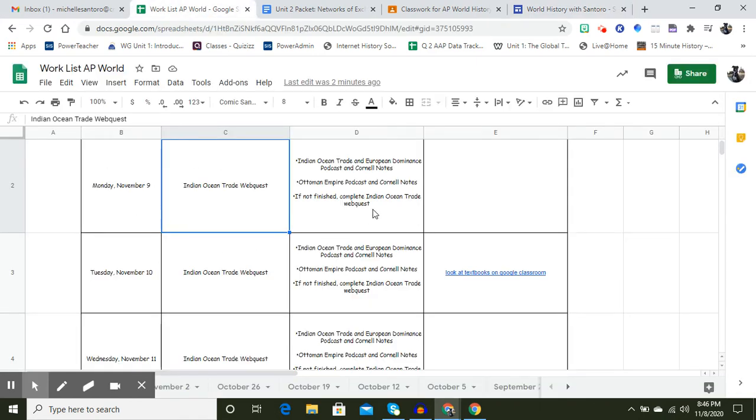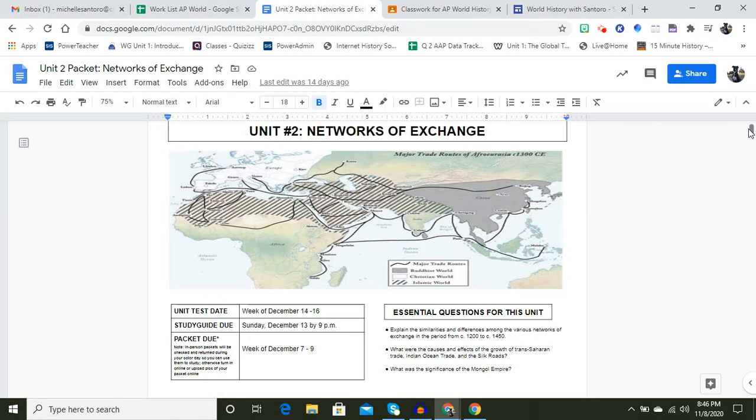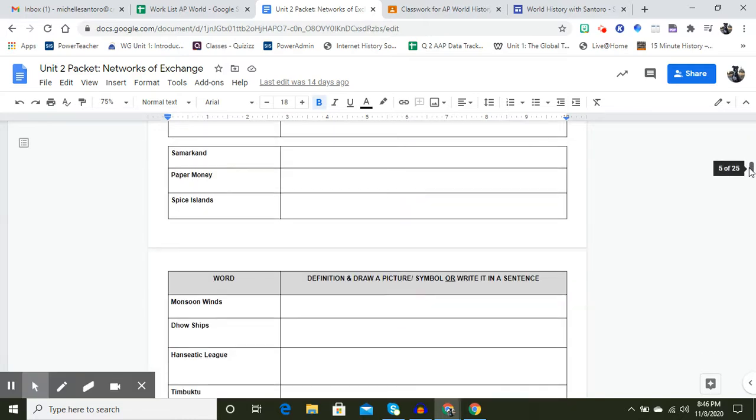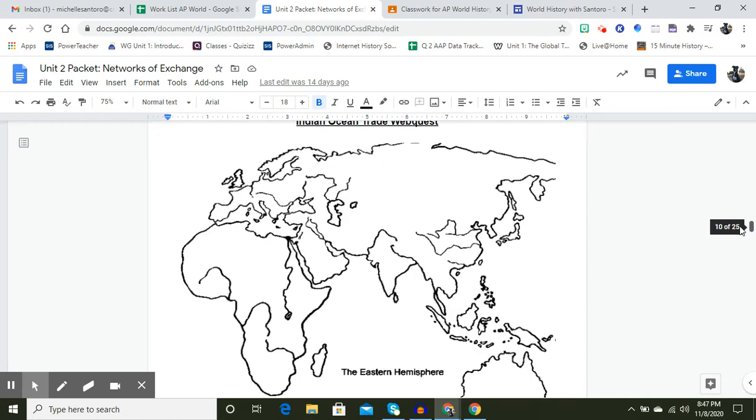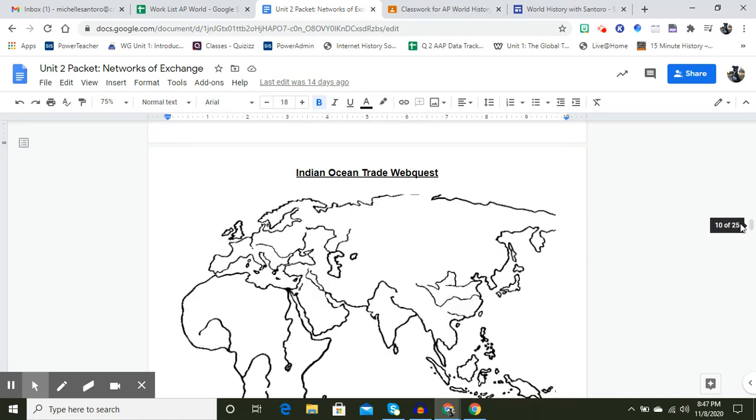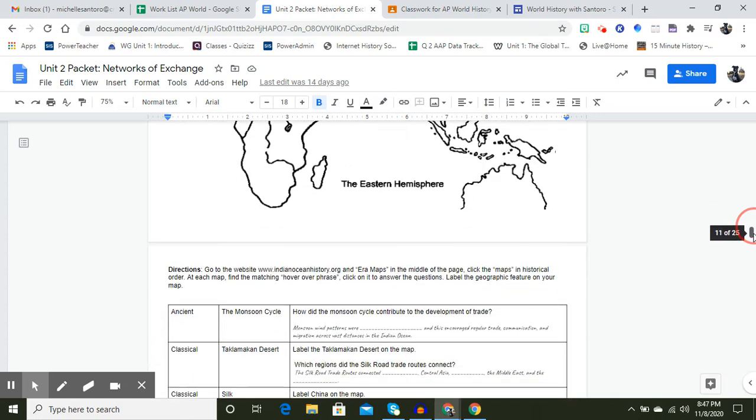Going back to our work this week, in class, we're going to be doing our page in the packet about Indian Ocean trade. So we've already discussed the Silk Roads and we've beaten that subject to death. So we're going on to Indian Ocean trade, which, if you remember, our Indian Ocean is over here, and we're really going to be talking about how people actually traveled using the ocean and the monsoon winds, as well as ocean currents.